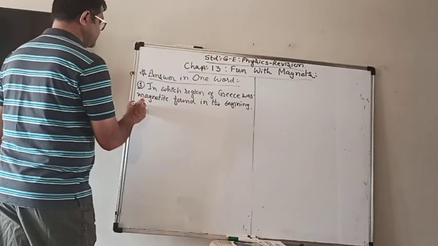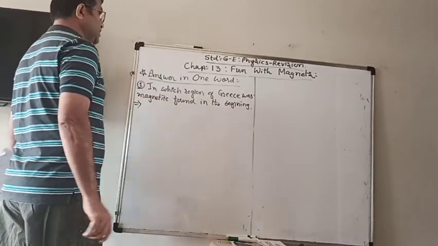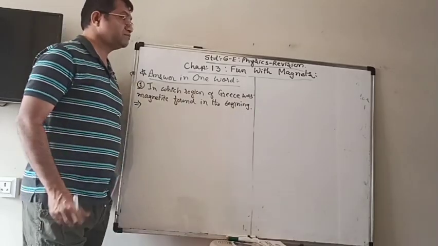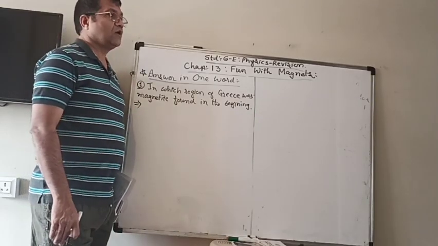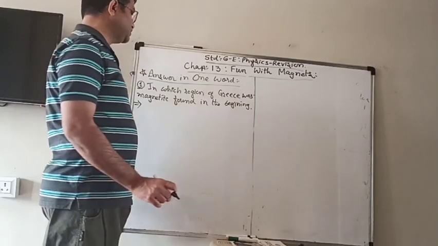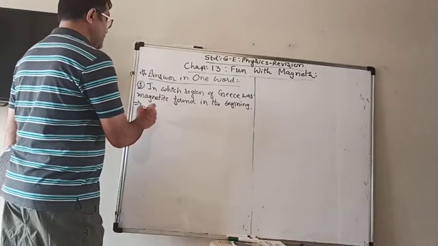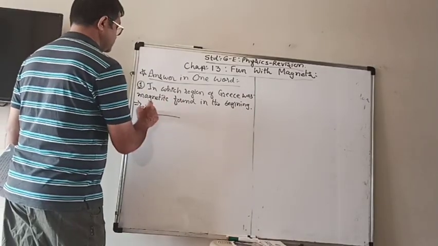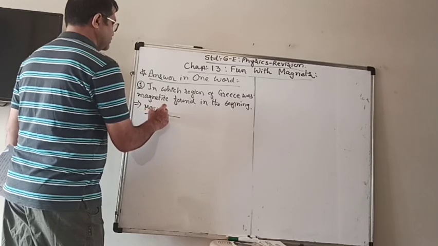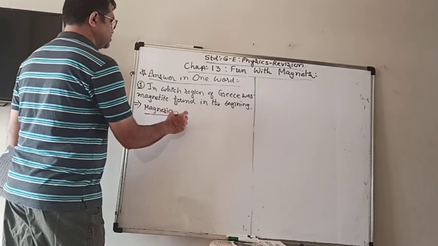We know that the first time magnetite, the natural magnet, was found in the region of Magnesia in Greece.